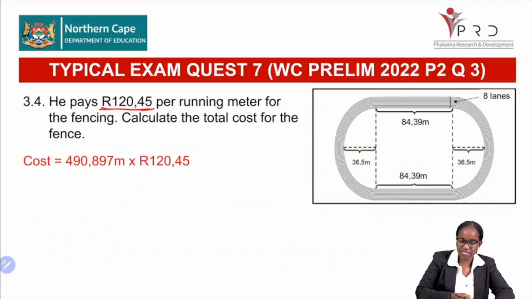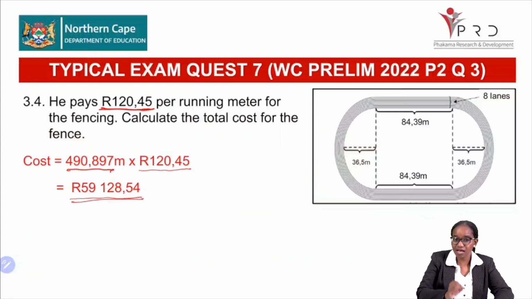That gives us 490,897 times the cost per meter. All in all, it gives us 59,128.54. So 59,128 rands 54 will be the cost of the perimeter fence around the track.